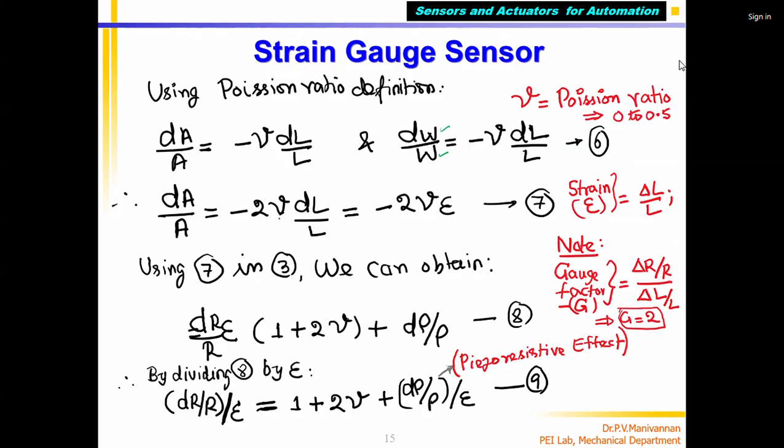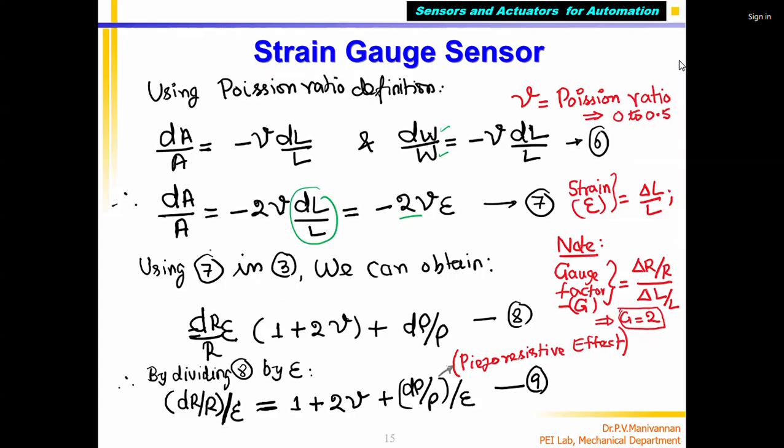It can be written as minus 2 nu, and delta L by L is nothing but strain. We know change in length divided by original length is called strain, which is represented as epsilon. So this is equation number 7.